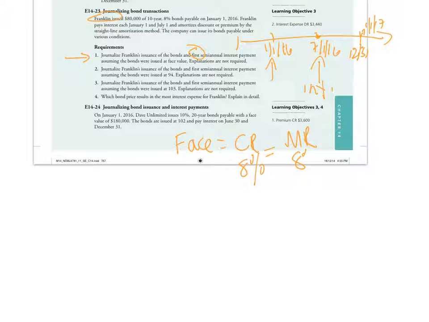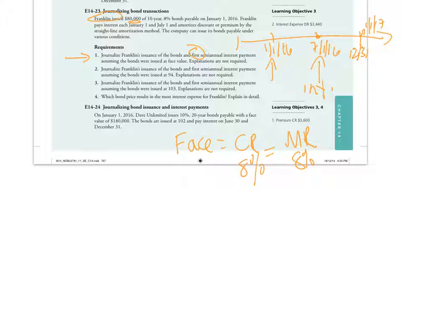So that's also 8%. With that in mind, that means that the pricing of the $80,000 bond is the same as the actual face. So there's no need to discount or apply a premium, because the market rate is the very same as the contract rate. No need to do anything to the price.